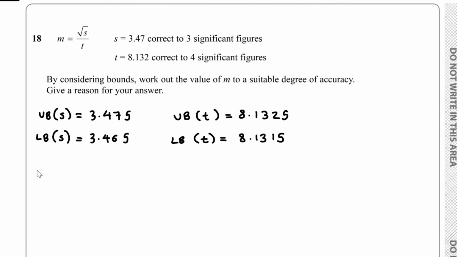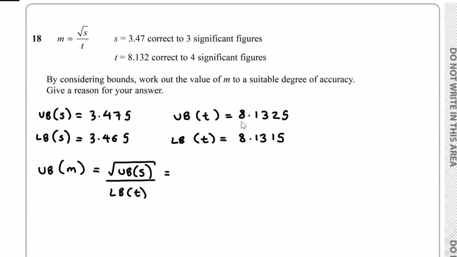So for the upper bound of m, we want m to be as big as possible. So we want the biggest numerator and the smallest denominator. So we have the upper bound of s square rooted, divided by the lower bound of t.